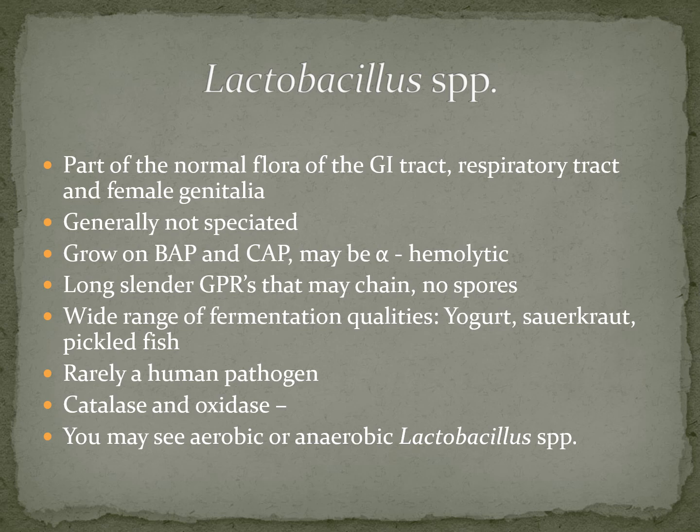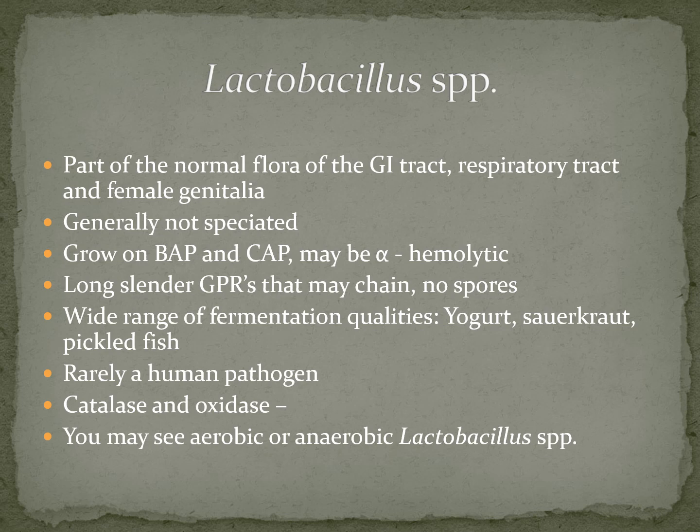Lactobacillus is a gram-positive rod that is generally normal flora of the vagina, the gastrointestinal tract, and the respiratory tract. It's generally not speciated. Usually we just call it Lactobacillus species, and it grows fine on blood and chocolate, and it's going to look alpha hemolytic in most cases. They are long, slender, gram-positive rods that may chain, and they do not produce spores.